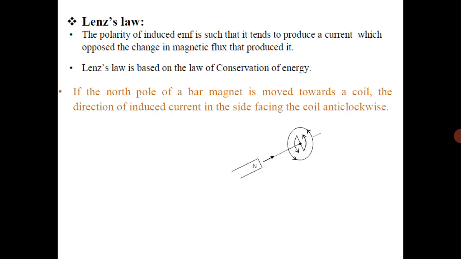Just see, if the north pole of a bar magnet is moved towards a coil, the direction of induced current in the side facing the coil is anti-clockwise.